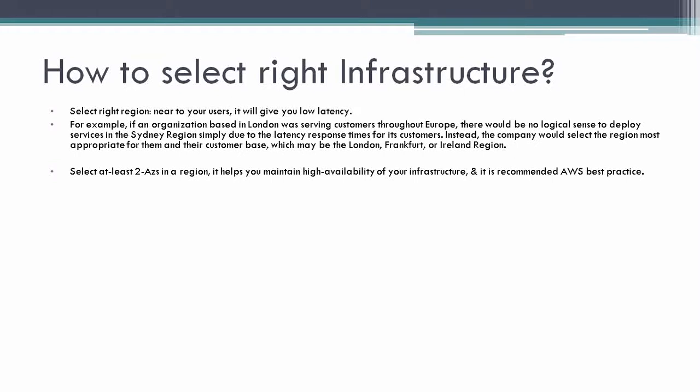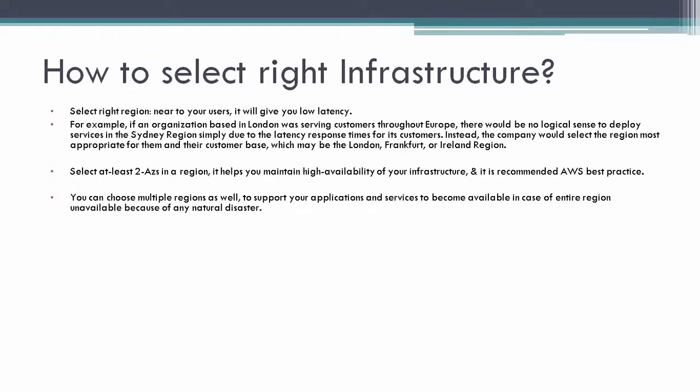high availability. You can choose multiple regions as well to support your application and services to remain available in case an entire region becomes unavailable because of any natural disaster. So you can select multiple AZs, so your application will be highly available and you will get redundancy. It will be more reliable and secure.